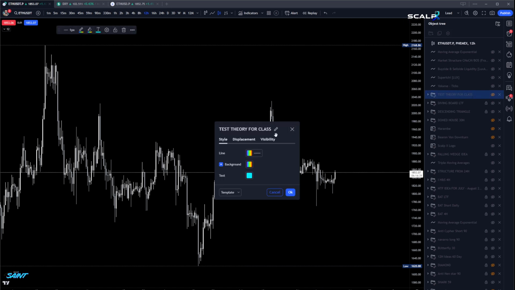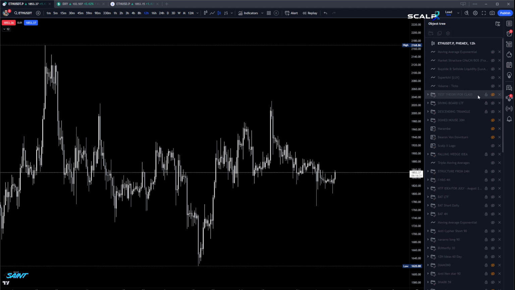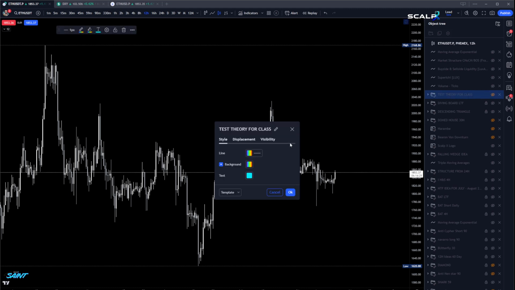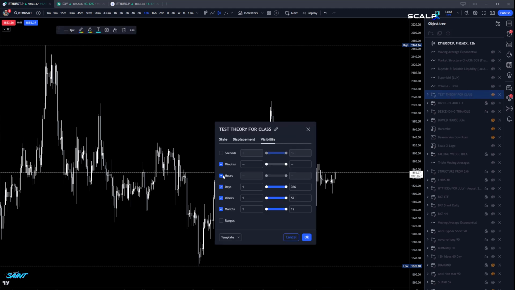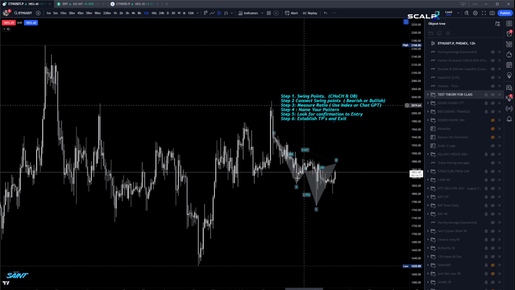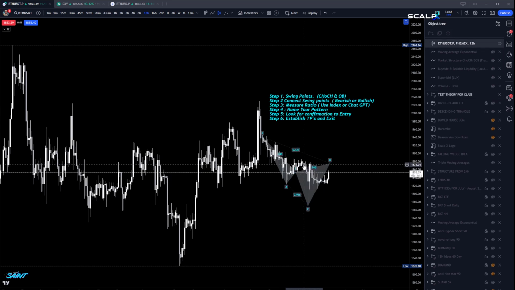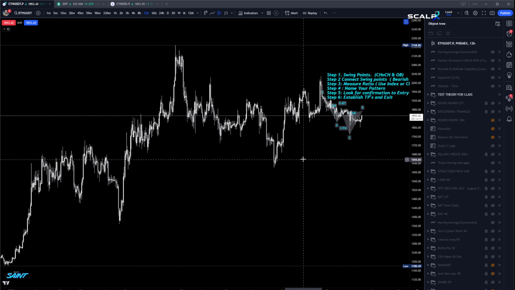Hold on, let me change this for our first step. Did I not put you on hours? Okay, sorry. Right, so this is our first step, identifying swing points.